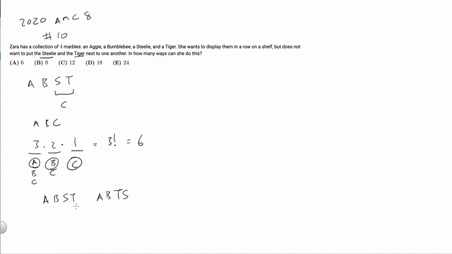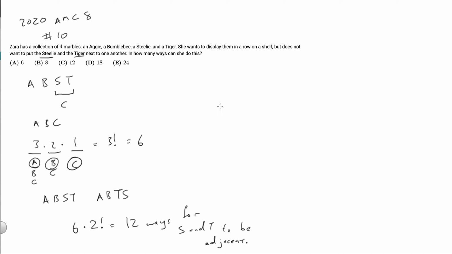So taking this into account, we say 6 times, and because there are 2 things that we're rearranging within C, the S and the T, we have 2 factorial, okay? And that's just going to be 2. So we multiply 6 times 2, and we get 12 ways for S and T to be adjacent to one another.